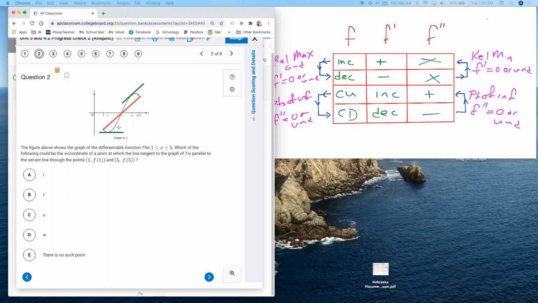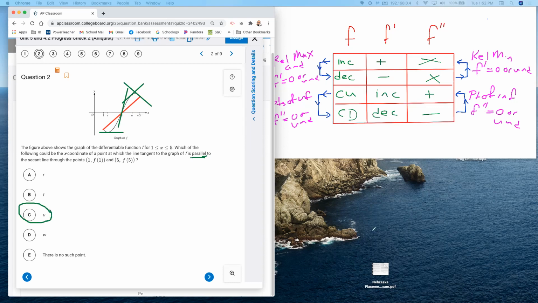The point T, the secant line might be something like that, or the tangent line might be something like that. And point W, the tangent line might be something like that. So if you look at it, which is the only one that makes sense, based on we're looking for a parallel, probably just this one right here.